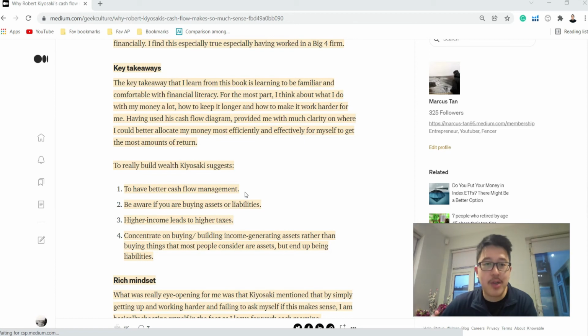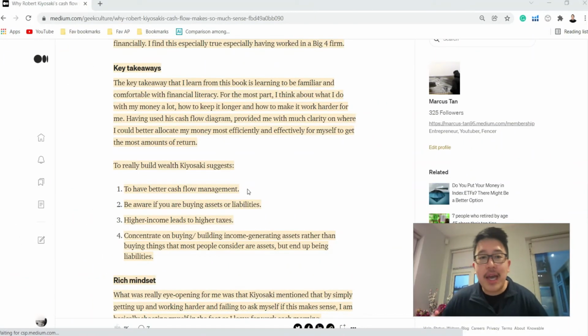So cash flow management, be it refinancing your existing debt with a lower interest rate, cutting out unnecessary expenses. So to also be buying and building assets as opposed to liabilities. So, building assets that provide you a return, not just buying liabilities that don't provide you a return. So like buying a car when you could rather use that money to invest into your business. So that would be an example.